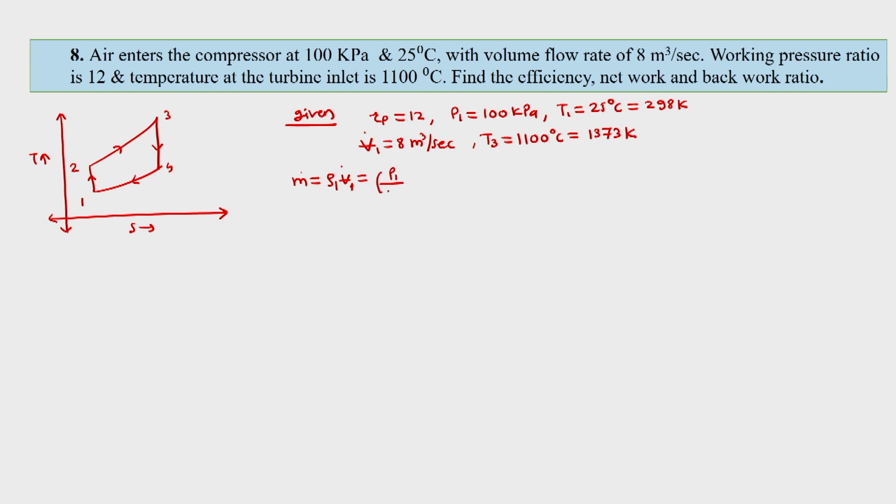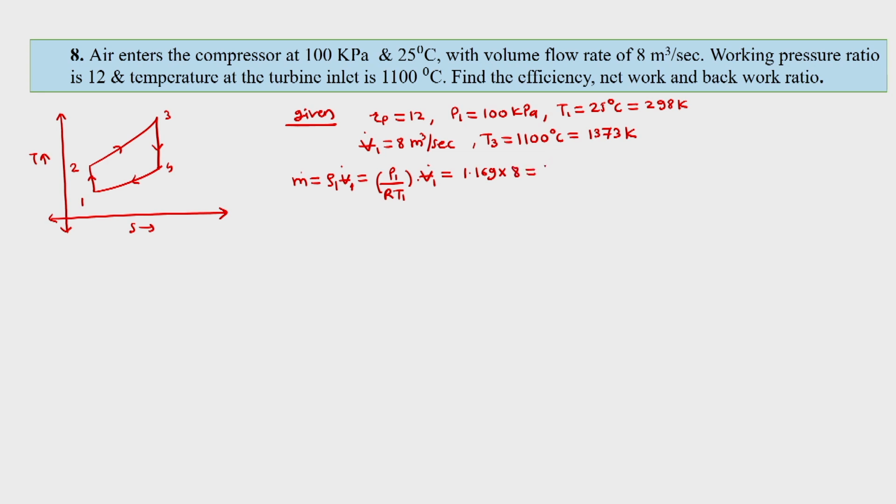So density is P1 upon RT1, and this gives us density as 1.169, into volume flow rate, which is given as 8.